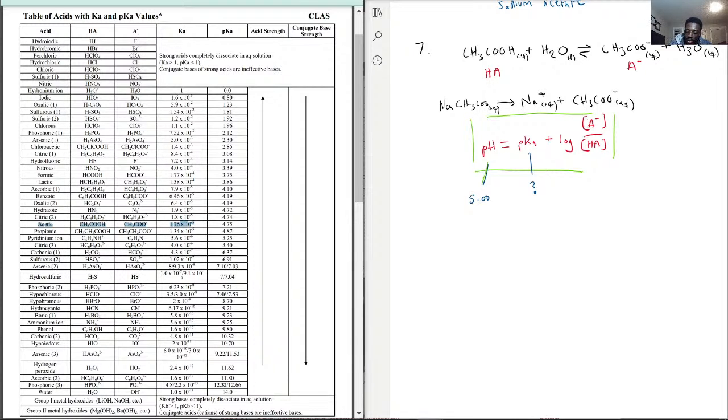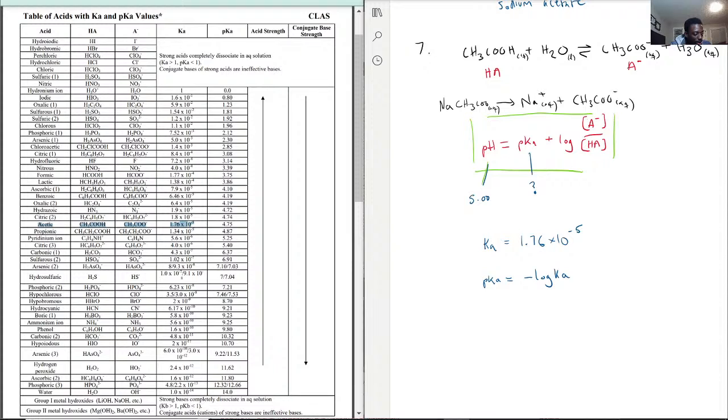They usually give you the Ka, and that's what we're going to use to solve. The other formula to find pKa is similar to how you'd find the pH when you're just doing the pH straight from how much hydronium you have: it's the negative log of Ka. So using that, we can find out what the pKa is and see if it matches 4.75.